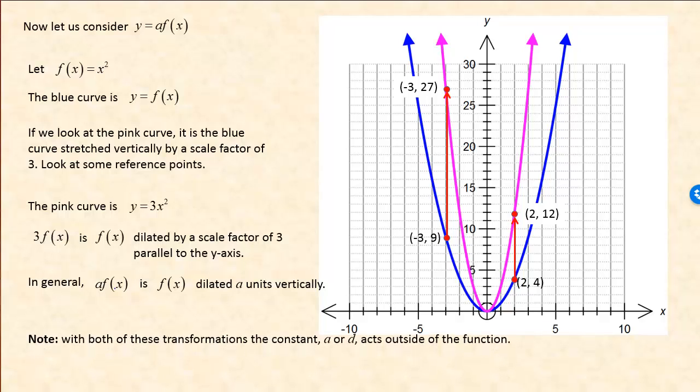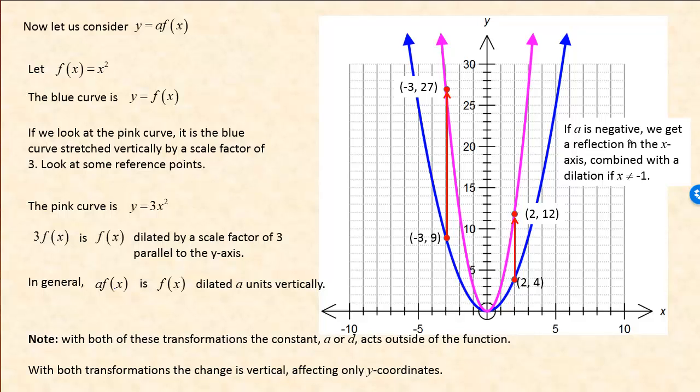Note, with both of these transformations, the constant a or d acts outside of the function. So here we can see the a multiplying the f of x. In the previous transformation, the d was added after we'd computed f of x. With both transformations, the change is vertical, affecting only the y-coordinates. So we can see here, x-coordinates the same, y-coordinates changed, and the same here.